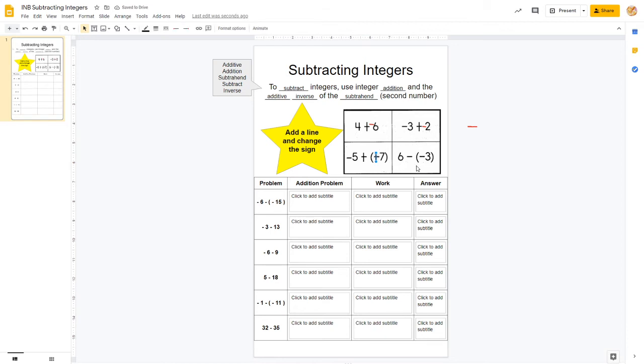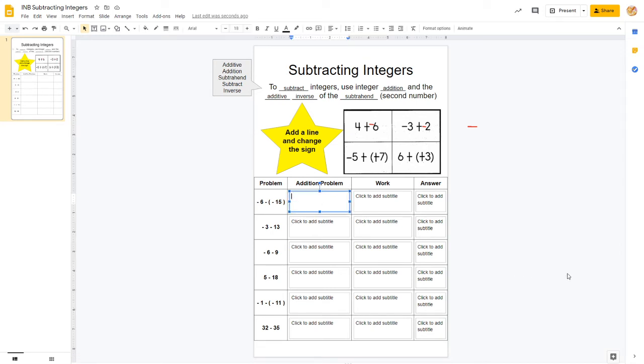Okay, and it looks like I ran out of positive signs, so I'm going to copy and paste a couple. And there we go. And that's how you change a subtraction problem into an addition problem. You add the opposite.